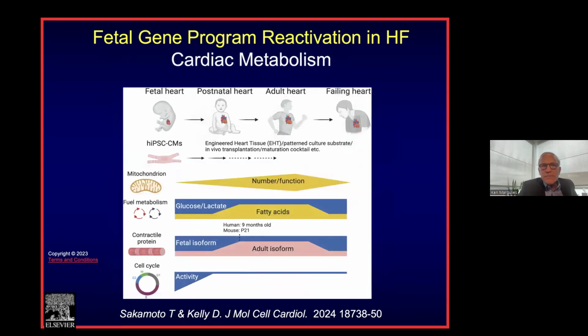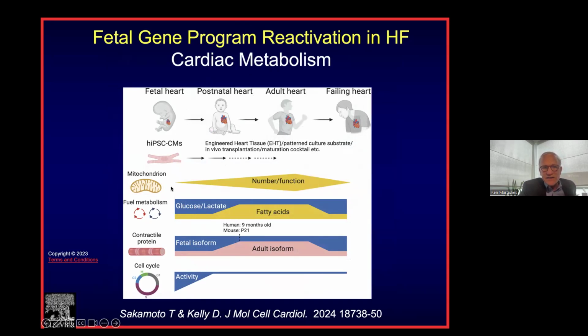There are similar metabolic changes going on, right? So I'm not going to go through all the different fetal programs, but another one where the switch to a fetal-like program has been well shown is for metabolic factors. So within both mitochondrial number or fuel metabolism proportions and contractile proteins, we see that there's a fetal gene and protein reactivation in heart failure.